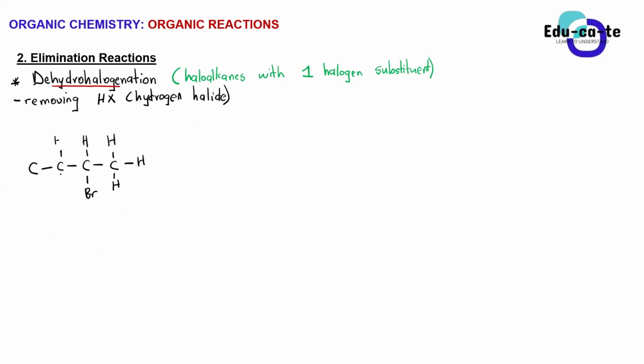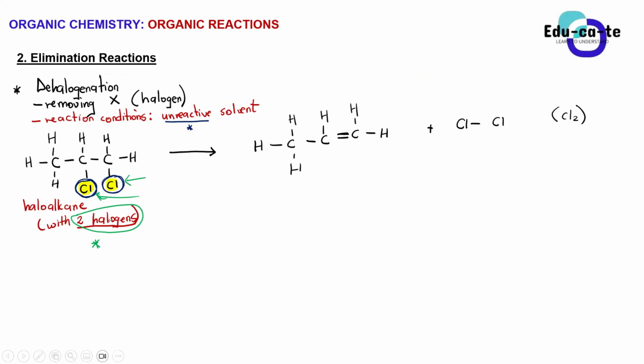Yes, but this haloalkane only consists of one halogen, and in this case our halogen is bromine, which is Br. There's only one halogen in this haloalkane.